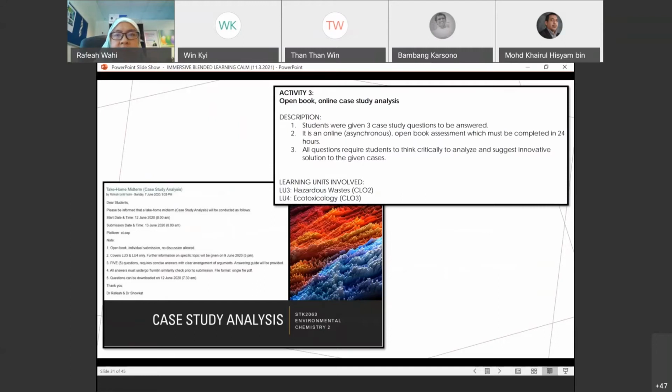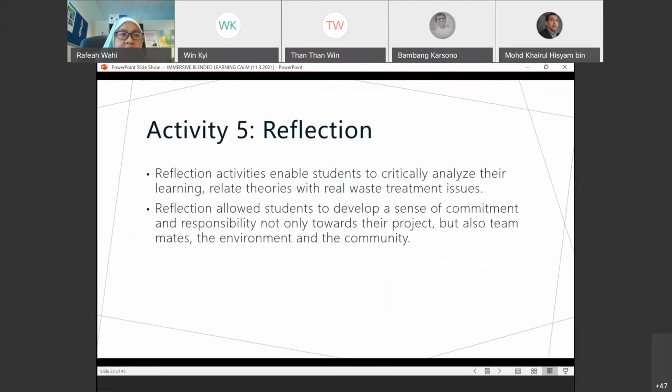Right. So this is a snapshot from the ELIP for the case study just now. This is one of the most important activities, I think, which is done for immersive learning. Whenever you want to apply an immersive learning experience in your course, one of the things that I would suggest you include is reflection.